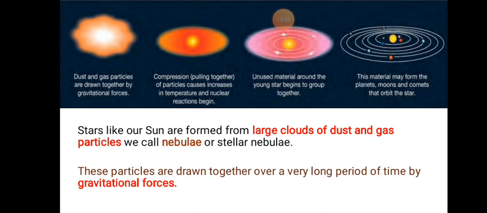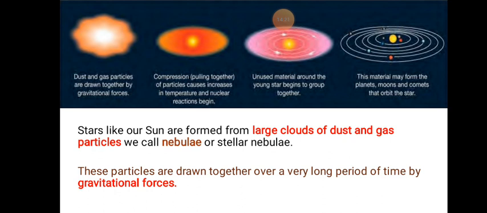Then, because of the gravitational force, these gas particles come closer, they are drawn together. This pulling together, this compression of particles, happens for a very long period of time, maybe many millions of years.